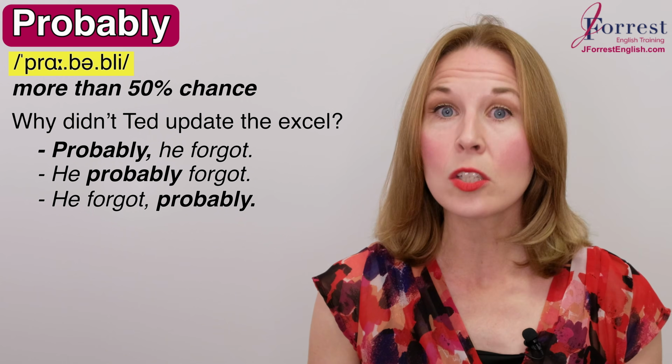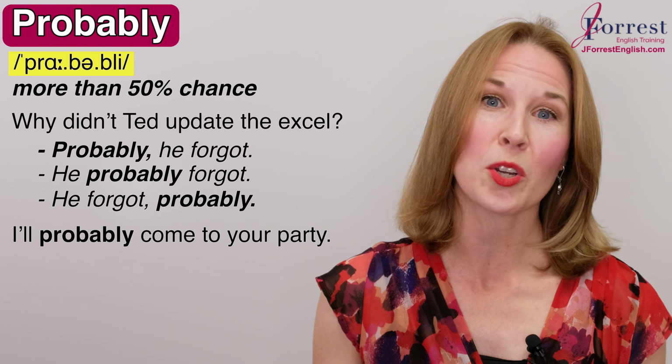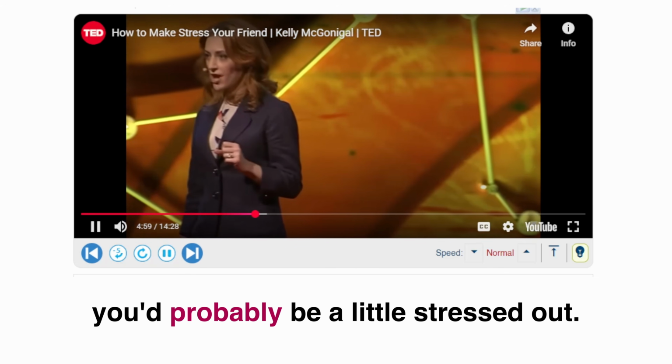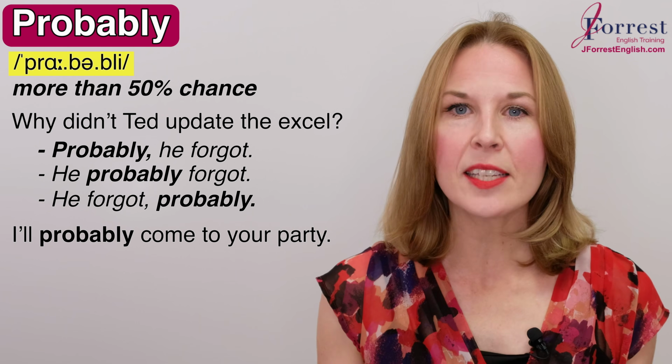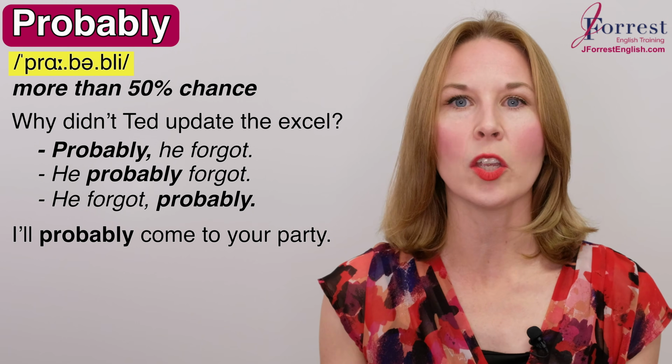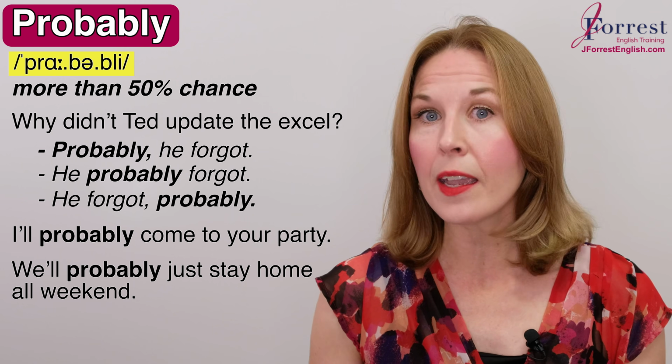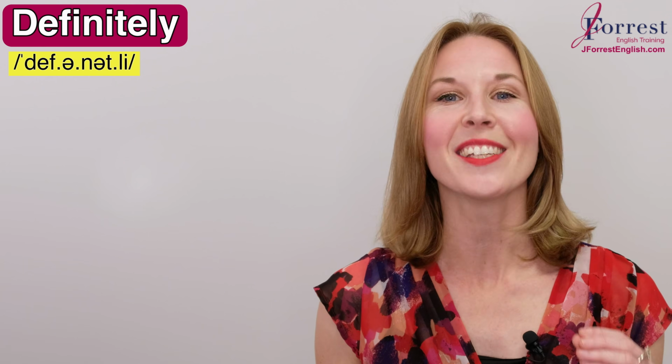So if someone says to you, I'll probably come to your party, that's not a good sign. You'd probably be a little stressed out. And when sharing plans, but you want to make it sound like you're undecided, you can say, we'll probably just stay home all weekend.